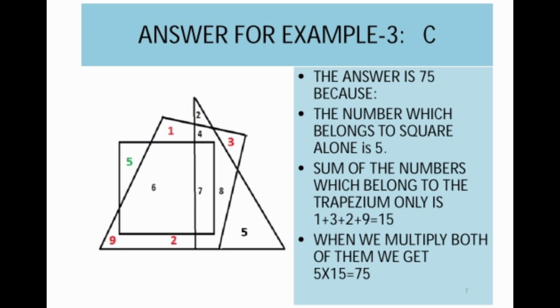So, we should add the numbers which belong to only trapezium. If you add, you will get a sum equal to 15. So, we should multiply the number 5 with the number 15 to get the answer as 75.